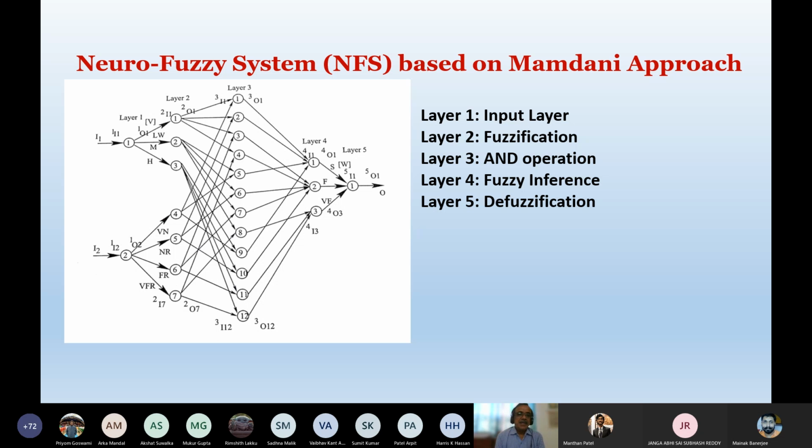Now let me concentrate on the neuro-fuzzy system based on the Mamdani approach.